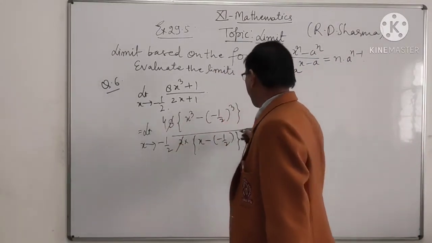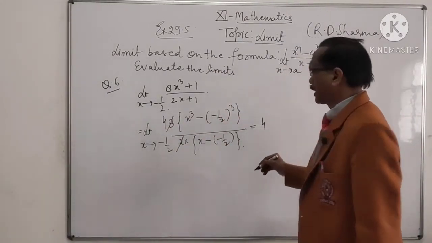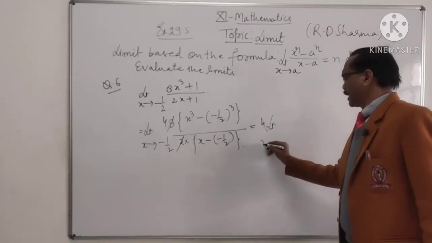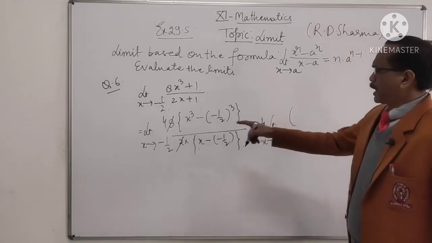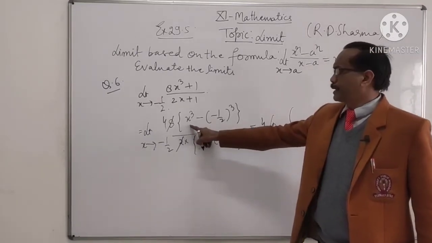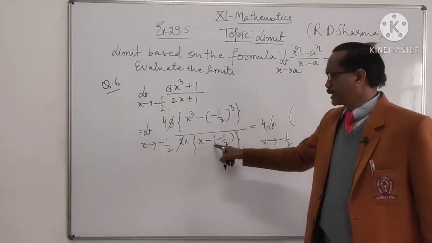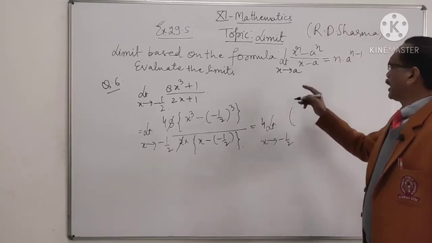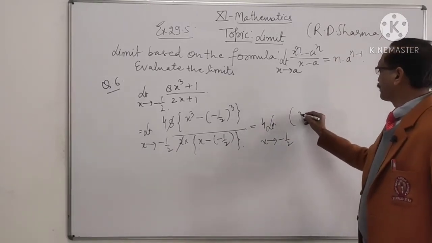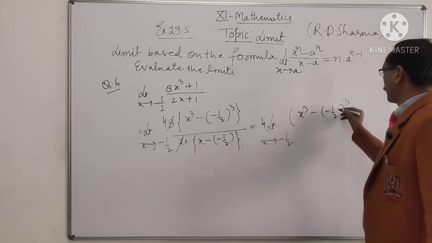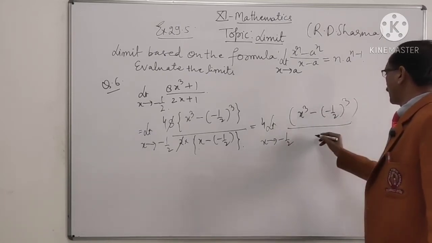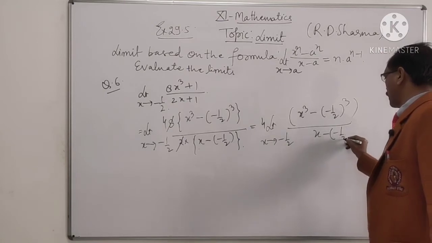Now 2 4s are 8, 2 is a constant, take it out, limit x tends to minus 1 by 2. Then according to the formula x power n minus a power n upon x minus a, here n equal to 3, upon x minus 1 by 2.